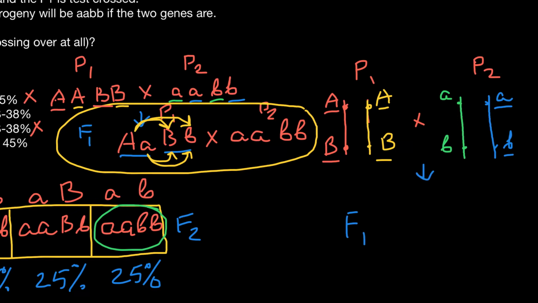Say by random chance, the F1 progeny got this chromosome with dominant A and dominant allele B here, and from parent 2 also by chance the progeny got this chromosome with recessive allele A and recessive allele B.